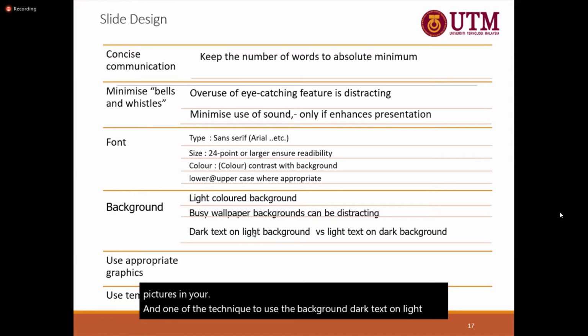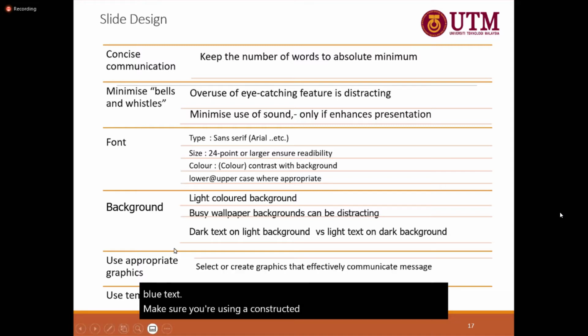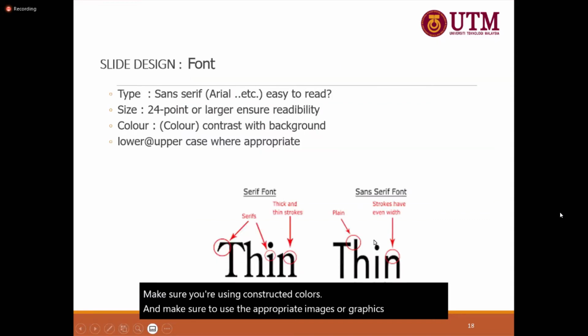As I mentioned, if you are using a white background, always go with black text or blue text. If you are using, for example, a yellow background, you can go with blue text. Make sure you are using contrasting colors. And make sure to use appropriate images or graphics inside your class.